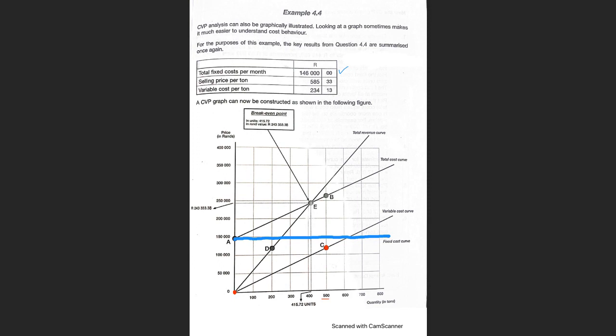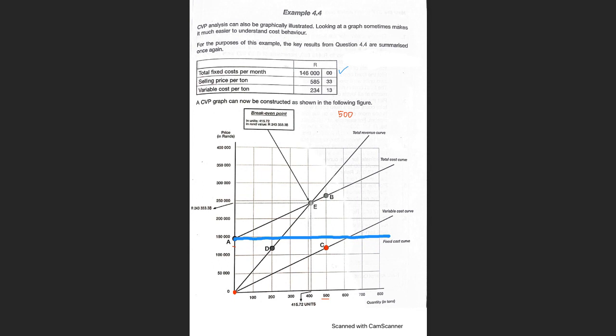To get to what the respective value is on your y-axis for point C, we would say if 500 units are being produced and we are working out the variable cost, then we know the number of units is 500, but what's the respective value in terms of rands?